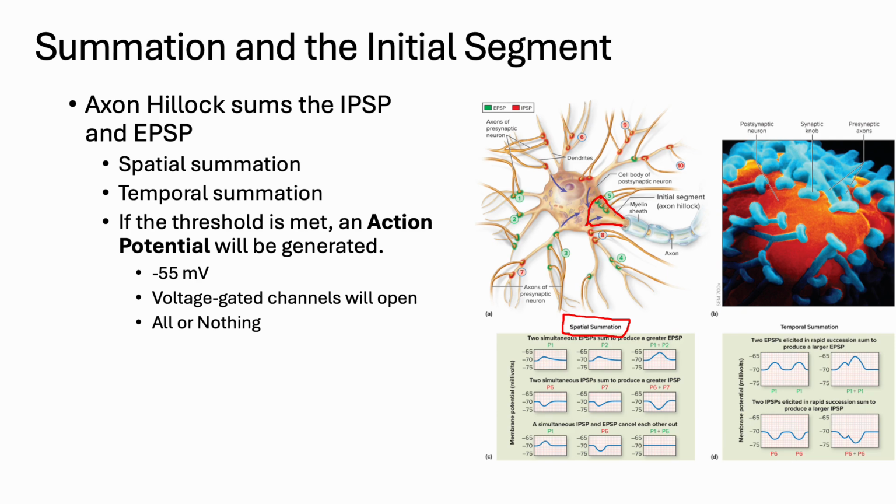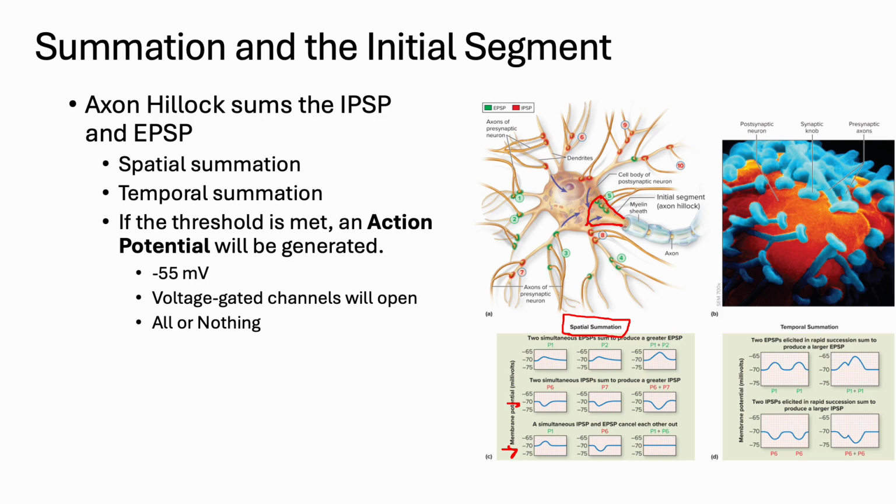Therefore, the two together would sum towards even further depolarization. Whereas in this second example, we have two signals that are both leading towards hyperpolarization. So together, they would have a larger impact on hyperpolarization. Now, the final one looks at how one EPSP and one IPSP can basically cancel one another out. So that's receiving signals from two different presynaptic neurons.